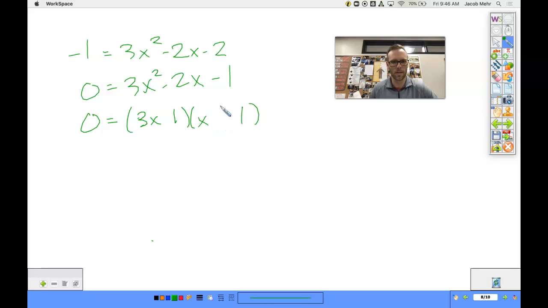If we do a minus there, write the minus. There we go. And a plus there. Okay, so what do we get here? We get x equals 1 or x equals -1/3.